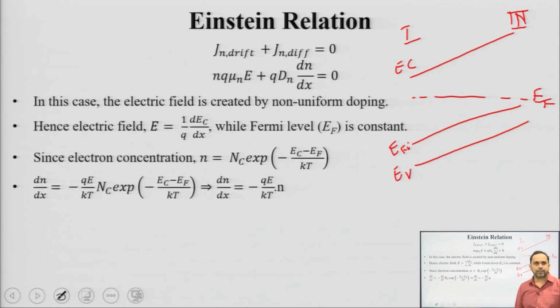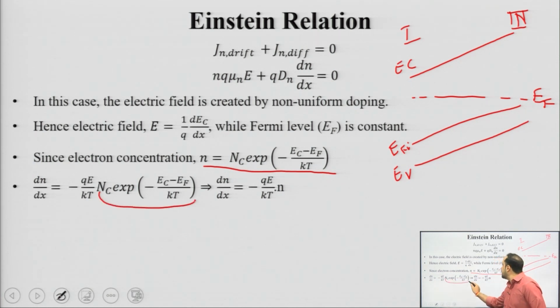Since electron concentration is given by this expression here, if I differentiate with respect to x, I am going to get this equation here. This term here is nothing but n again. So, dn/dx is the first order derivative of carrier concentration with respect to x.